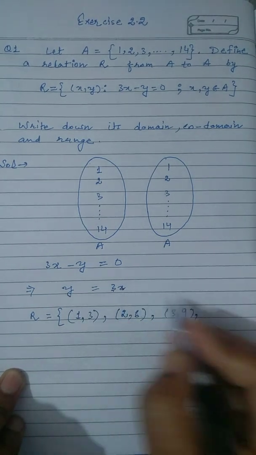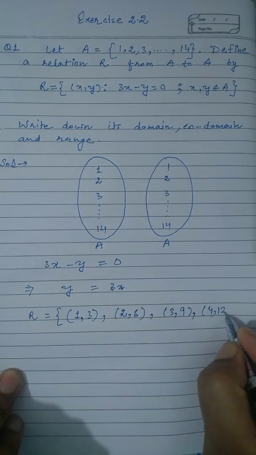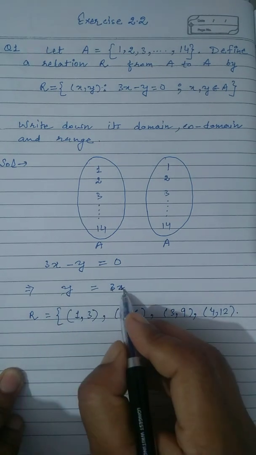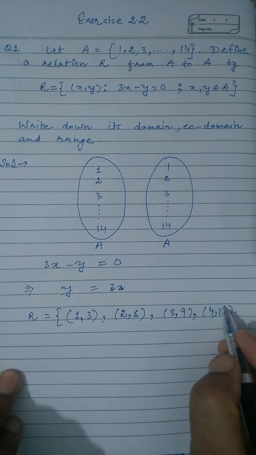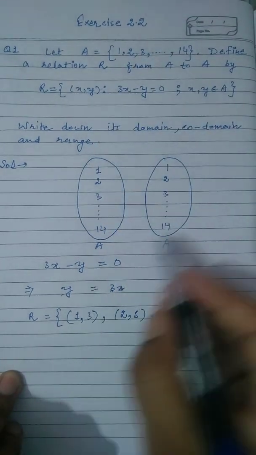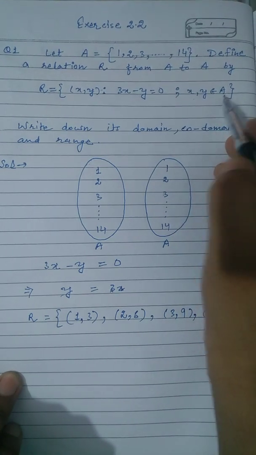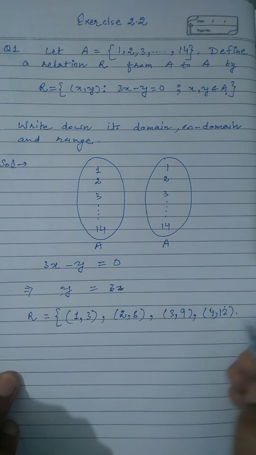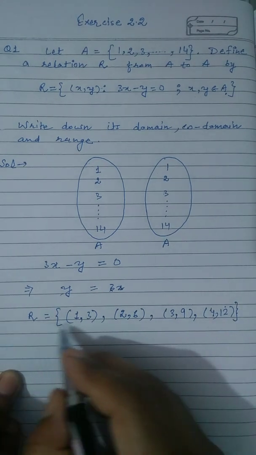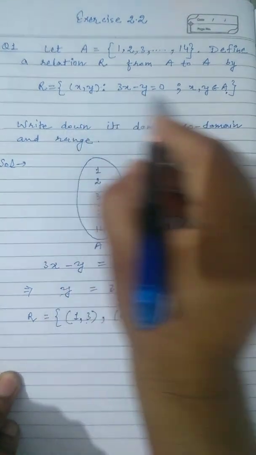If x = 4, then y = 3 into 4, 12. If x = 5, y = 5 into 3, 15. But we see here 15 is not in set A. So x, y both belong to set A, and we cannot choose x = 5. So these are the only elements of the relation R according to this condition.